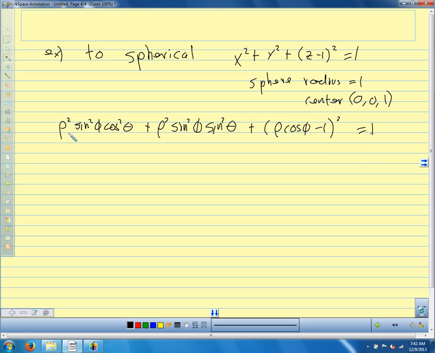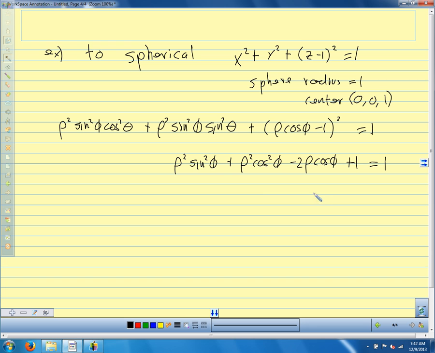So we know that we just simplified this to rho squared sine squared phi. And now we're going to expand this, plus rho squared cosine squared phi minus 2 rho cosine phi plus 1 equals 1.